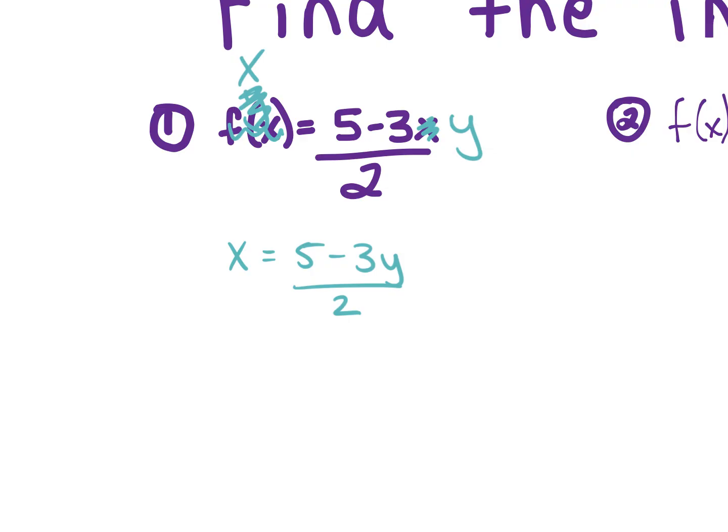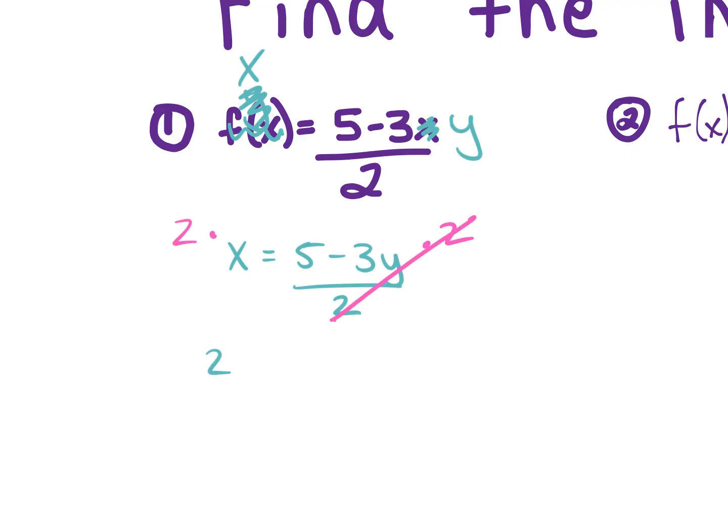What's the second thing we want to do to find the inverse? Get y by itself. We want to solve for y. So what would I do here to solve for y? We can multiply by 2. We're going to multiply both sides by 2, so it'll cancel out with the 2 that's in the bottom.